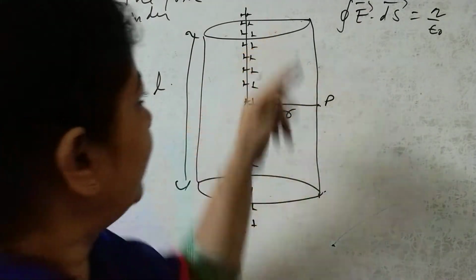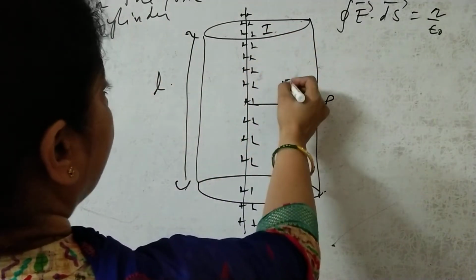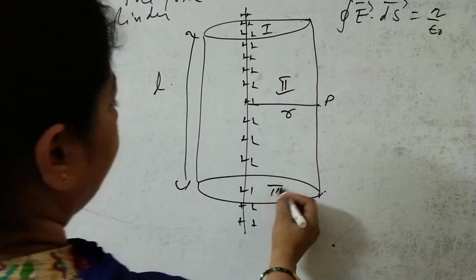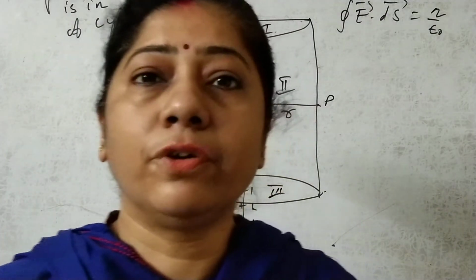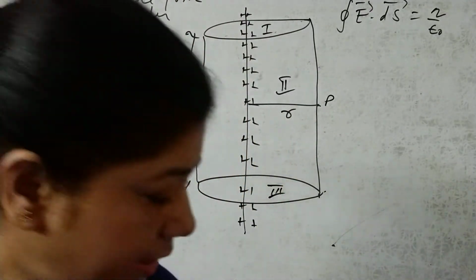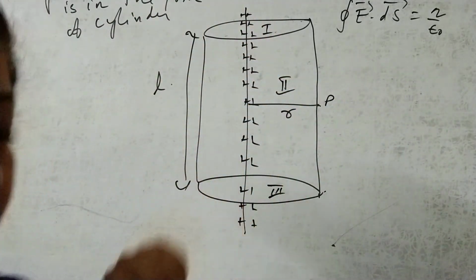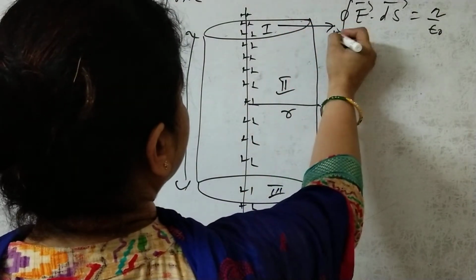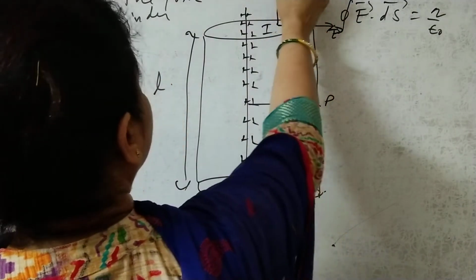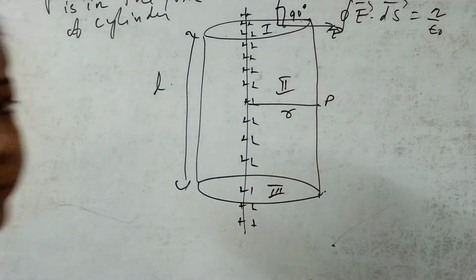What is the first part? This is the first part, the top surface. The curved surface is second, and the end surface is third. For region 1, the electric field is in this direction, but the area vector is in this direction, so it makes an angle of 90 degrees.